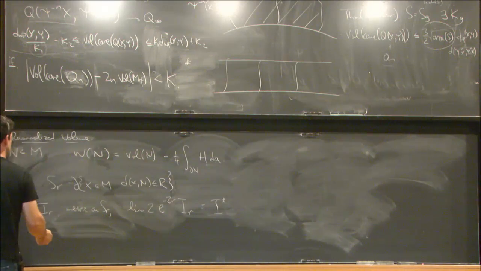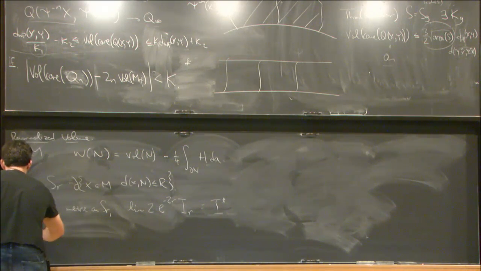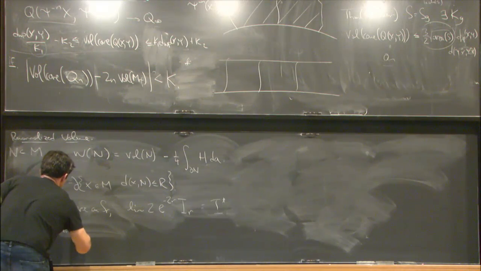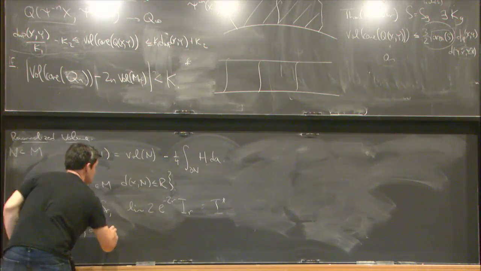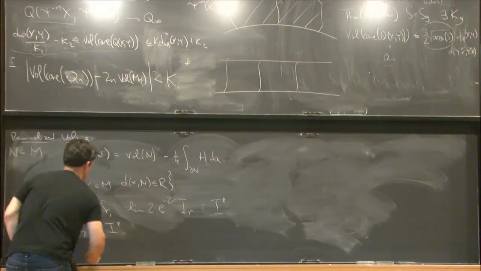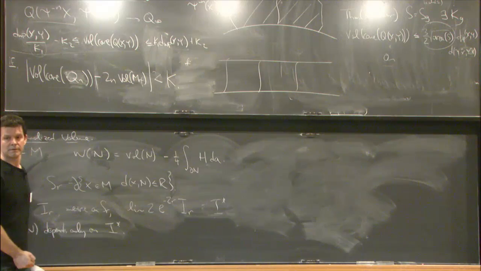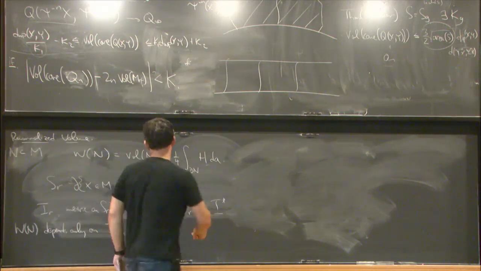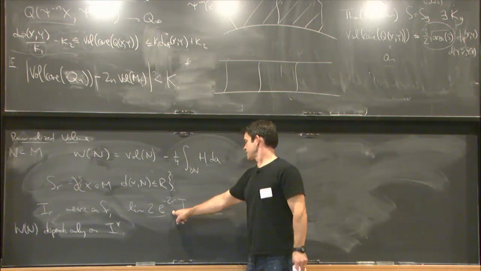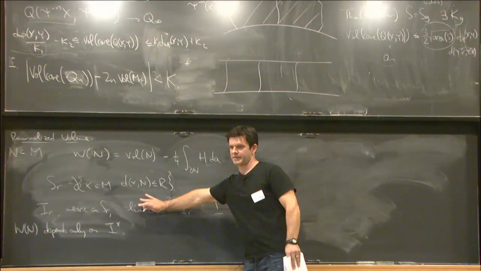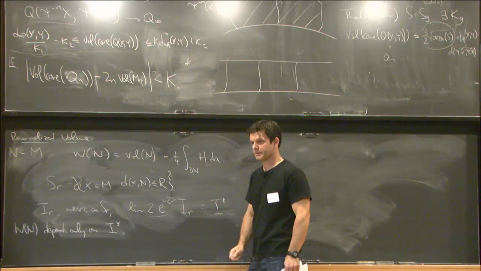So W_N depends only on this limit I*. It's an actual metric, or you could take the limit in the conformal class by forgetting the scaling factor.